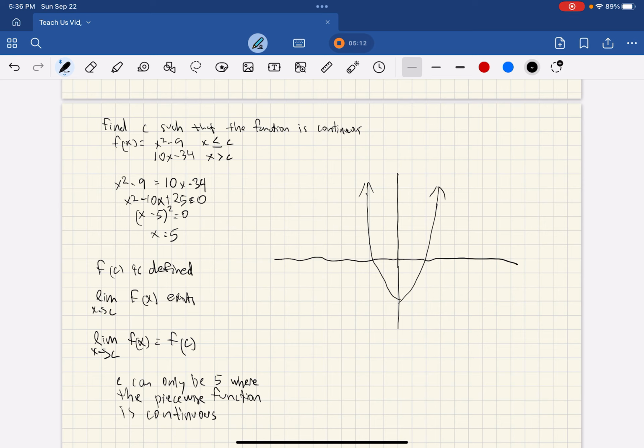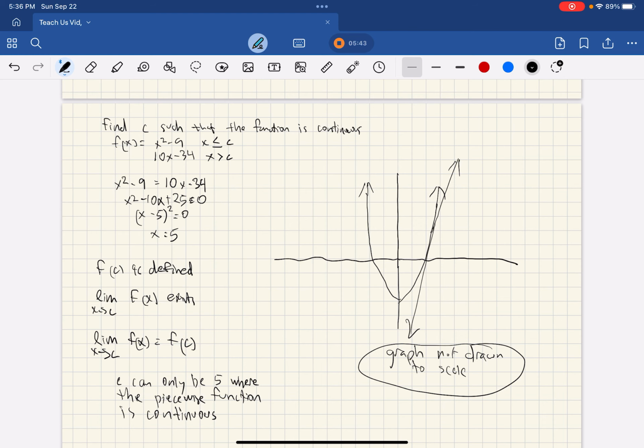And then 10x minus 34 is going to be like this around here. So one's just linear and the other one's a parabola. So just putting this out here.